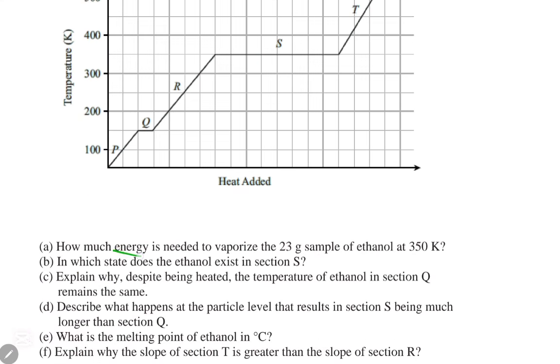They want the energy, and you should know that energy is always in kilojoules. So we need to find the thing with kilojoules. And what did they give us? They gave us the mass of ethanol, which is 23 grams, okay?